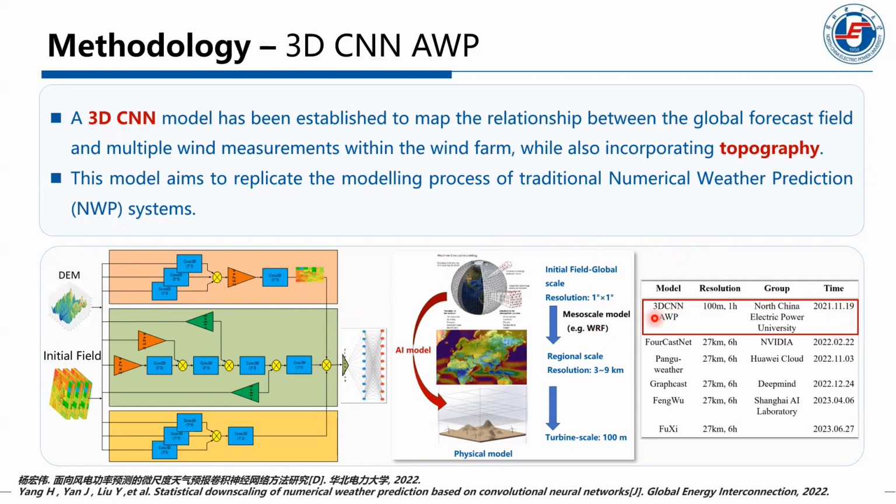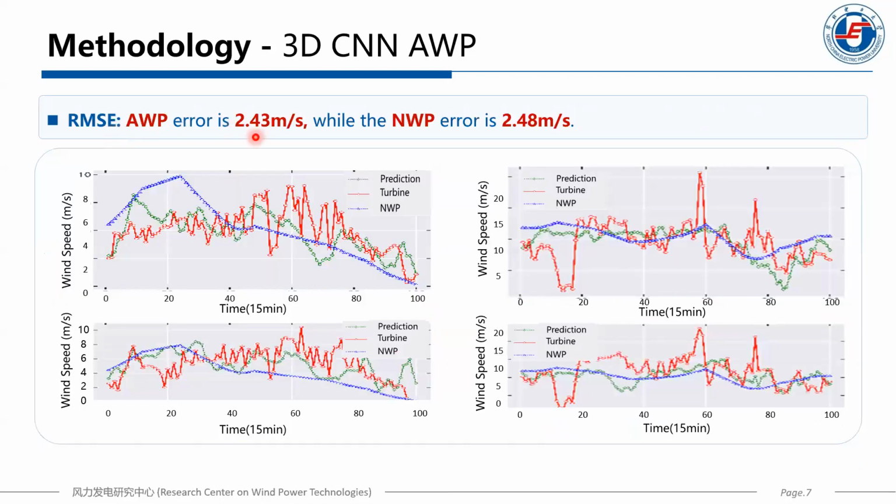We published this paper in a journal, a little bit earlier than the other one. But I have to admit this is a simple model and was only tested in one region of China.